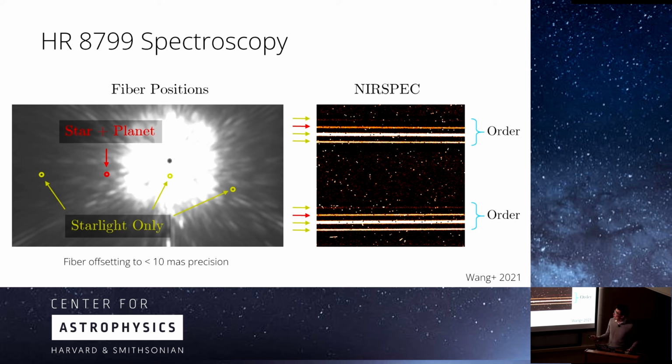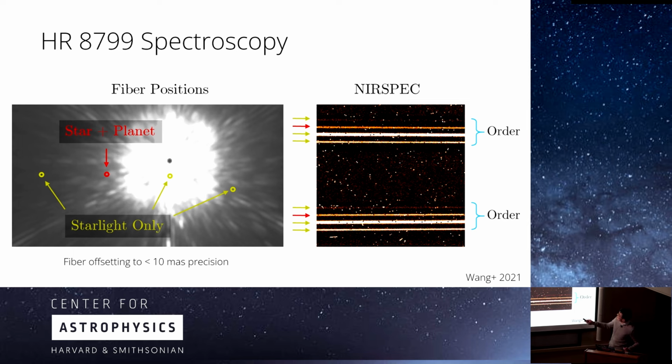This took a lot of work, but we can now do this offsetting to within 10 milliarcsecond precision, and that's generally good enough for us because any misalignment at this level results in losses in throughput of less than 10% of planet light. So we're getting at least 90% of the planet light that we should expect with our offsetting strategy.